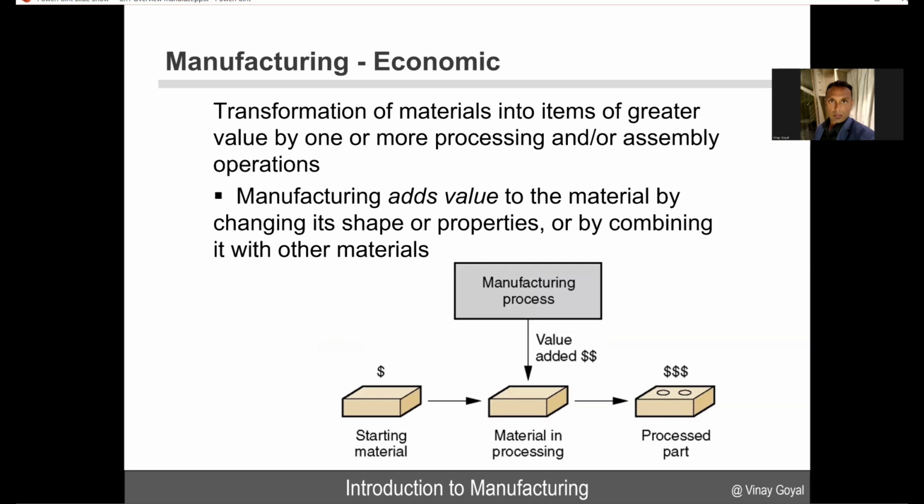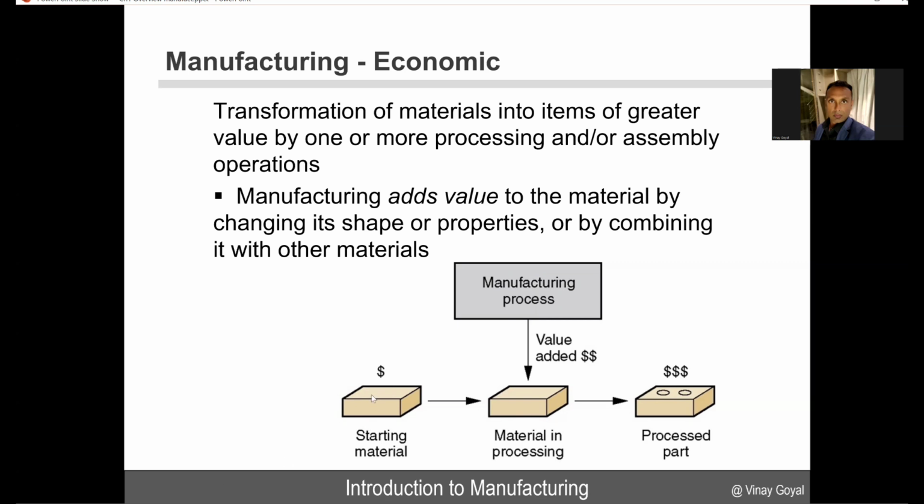And the idea with manufacturing economics, which is the other side of things, is that this is the transformation of materials into items of greater value that will include one or more processing or assembly operations. Manufacturing needs to add value to the material by changing its shape or properties. Otherwise, there's no point to the manufacturing process.